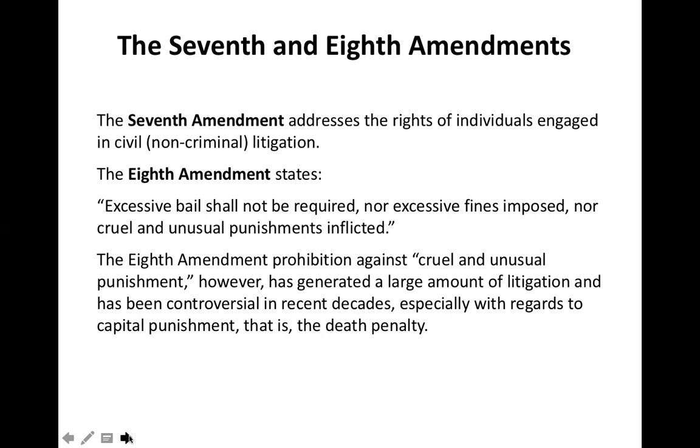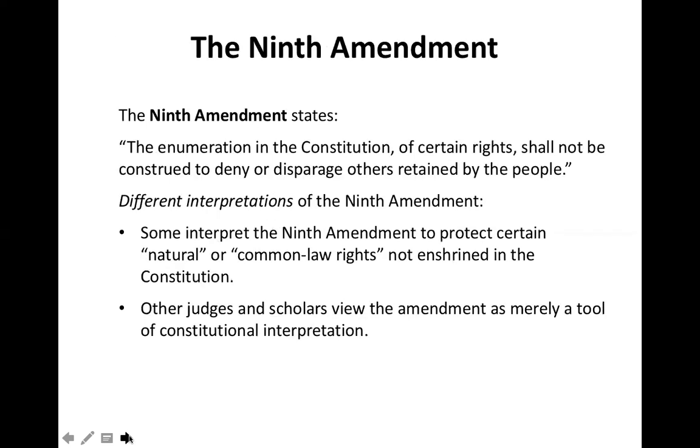When does that become excessive? Should it be something that's looked at on an individual basis, or is it something in general? We have the generalized bail schedule in California to promote fairness, right? Everyone who does the same thing gets the same bail. Maybe that's not fair. I don't know. So then the Eighth Amendment's prohibition against cruel and unusual punishment has been controversial with regard to capital punishment. When I say capital punishment, I mean death penalty.